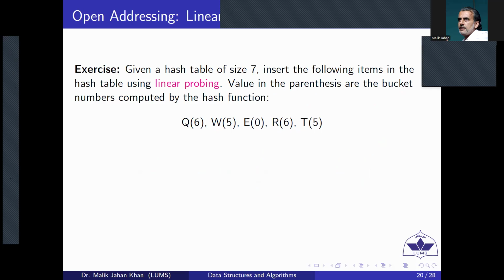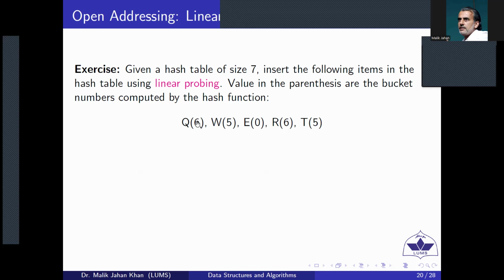So let's go over a quick exercise to strengthen our concepts of linear probing. Given a hash table of size 7, we have to insert these elements. The values given in the parentheses are the values returned by the hash function, so those are the index numbers.